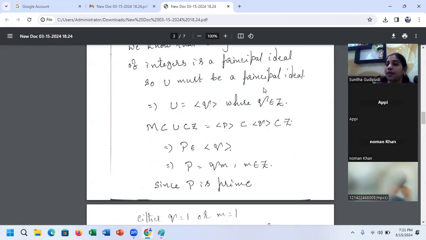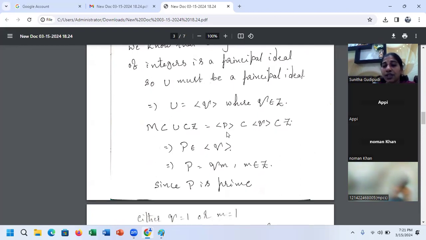So U must be a principal ideal, meaning it should be generated by some Q, where Q is an integer. Now what do we have? We have M is a subset of U is a subset of Z. What does that mean? M is the ideal generated by P, U means the ideal generated by Q, and Z means the ideal generated by 1.